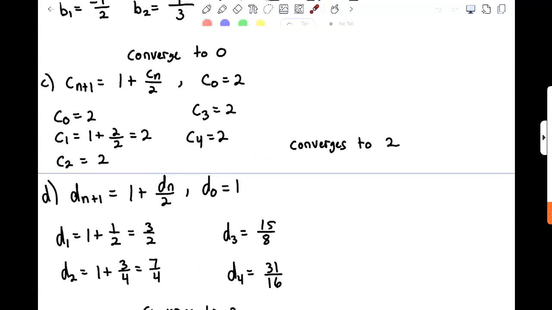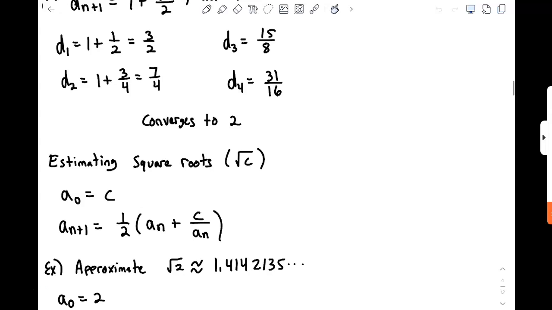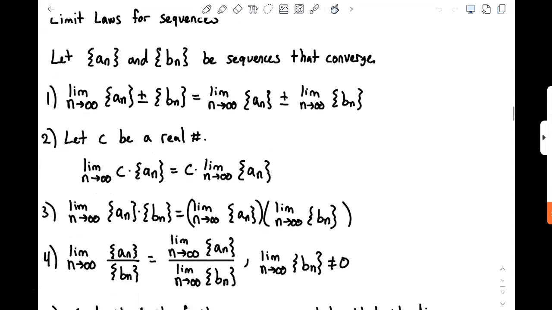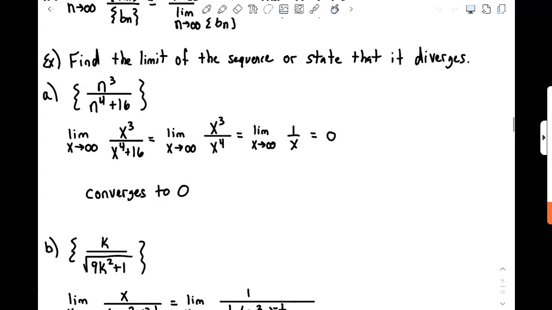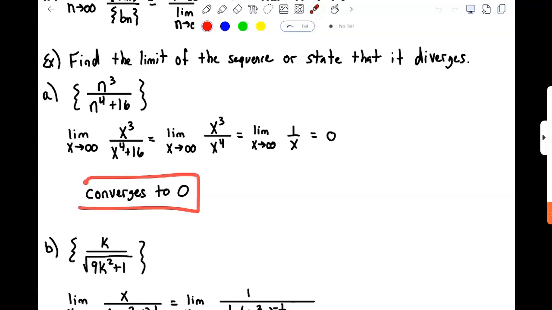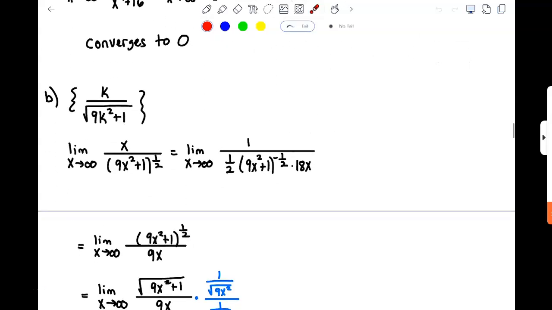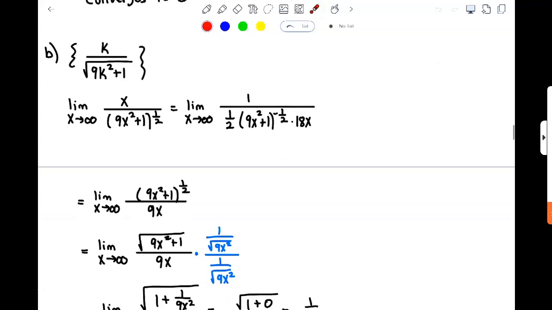But then later on, we were able to talk about full-blown convergence by looking at the limit of the terms of the underlying function that defines the sequence. So by looking at limits, we were able to talk directly about how something converges. And this was the example I meant earlier that L'Hopital's rule kind of breaks down on.